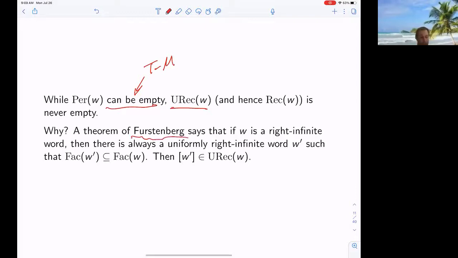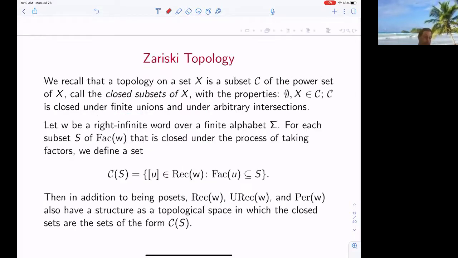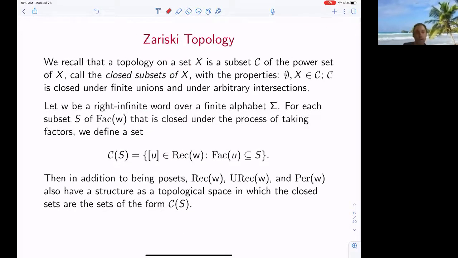People probably know this, it's not a hard thing, but it's the theorem of Furstenberg that says if you have a right infinite word, then there's always a uniformly recurrent right infinite word whose factor set is contained in the set of factors of W. So we always get something in UREC W. I think experts will know about this.